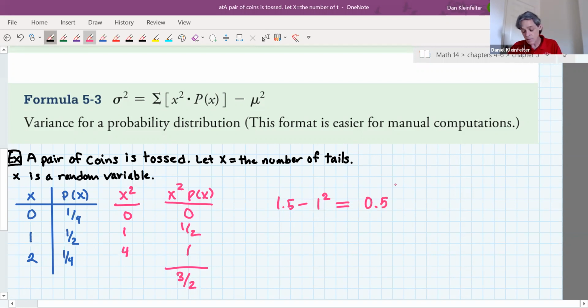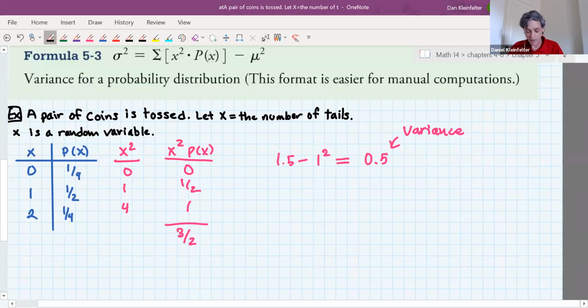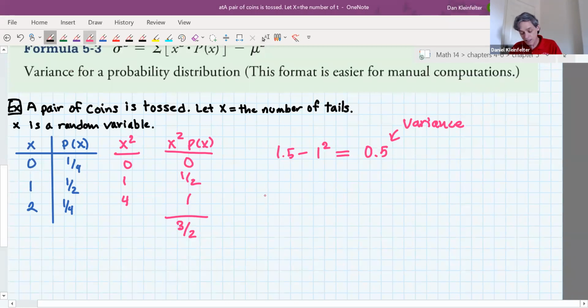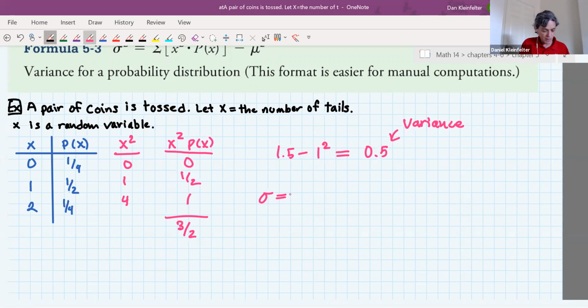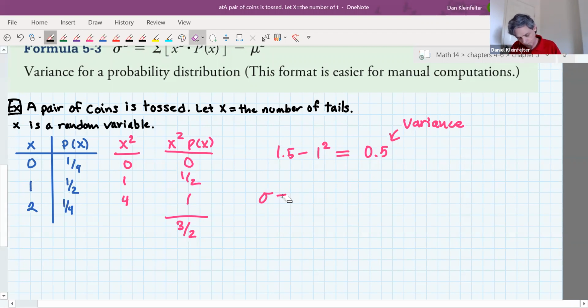And so this will be the variance that we got using this second formula. To get the standard deviation, we'll just take the square root of that variance. And so that will be 0.7071 just about. We'll just round that to 0.71.